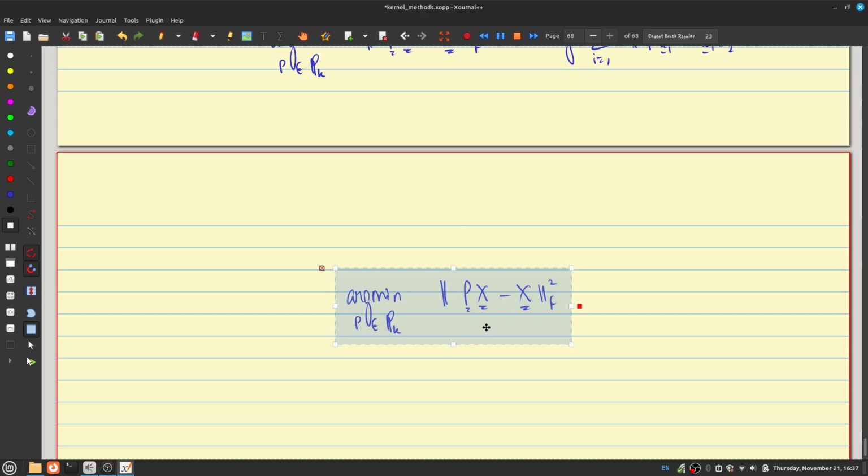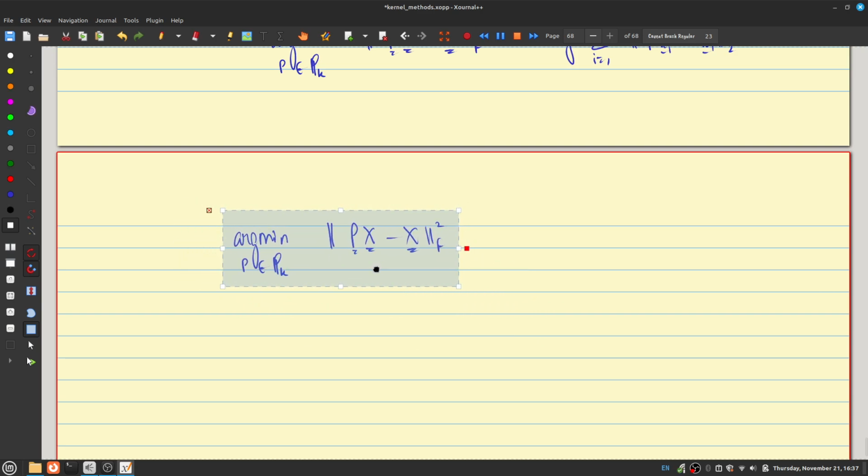So suppose that this is indeed our objective, that is to find that projection matrix which minimizes this objective function.